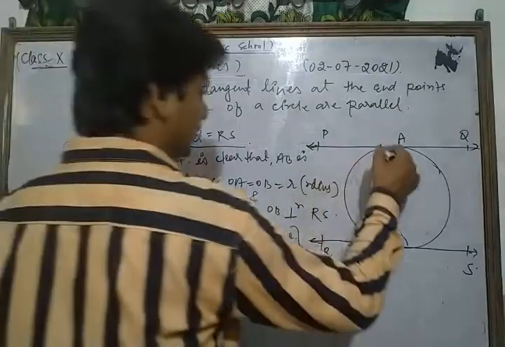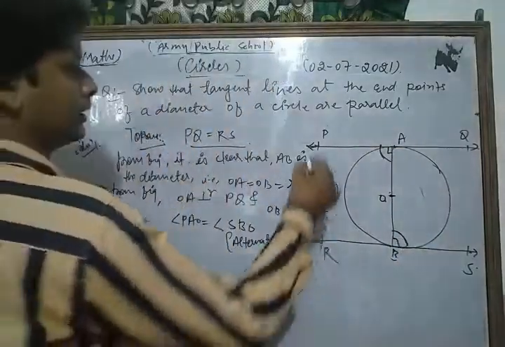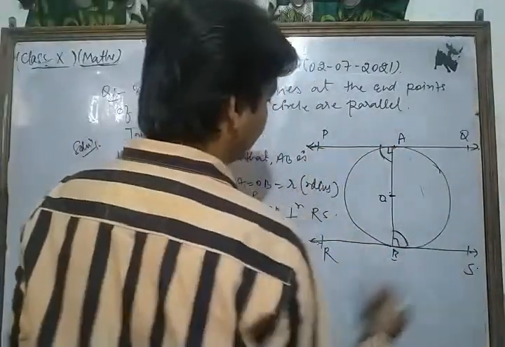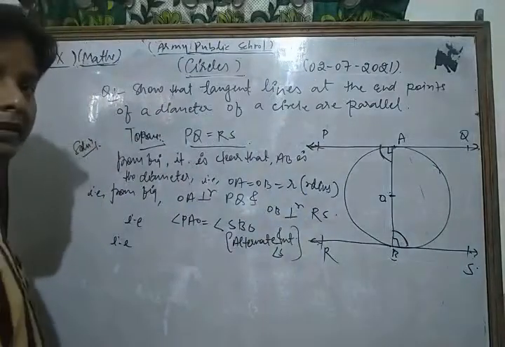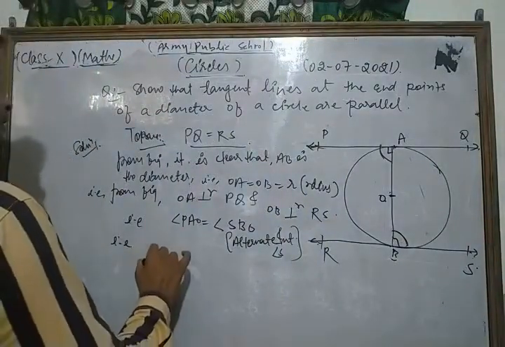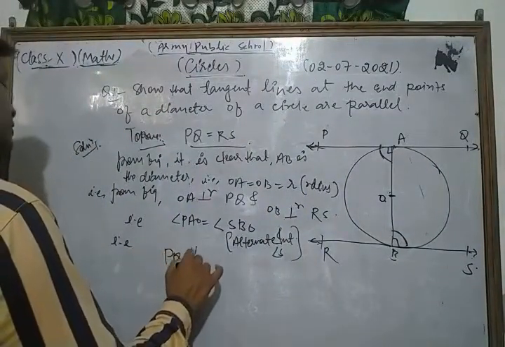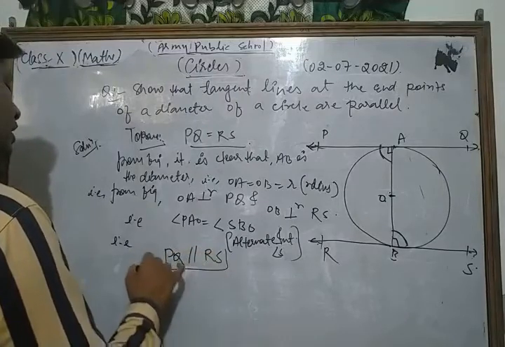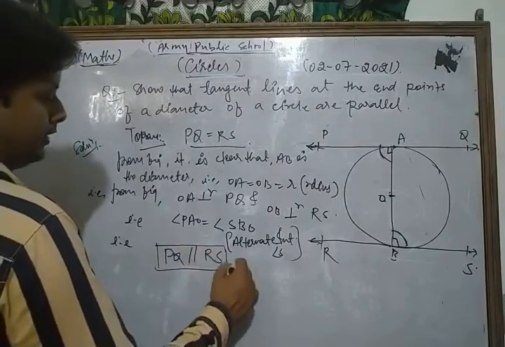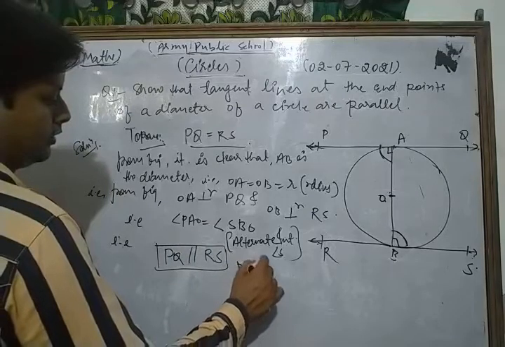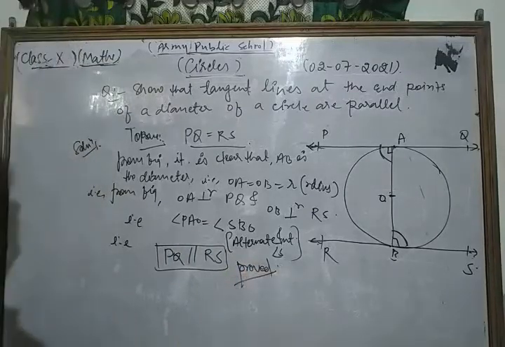If alternate interior angles are equal, then the lines PQ and RS are parallel. That is, PQ is parallel to RS. Hence proved.